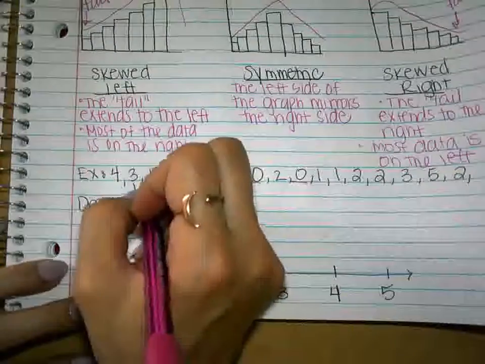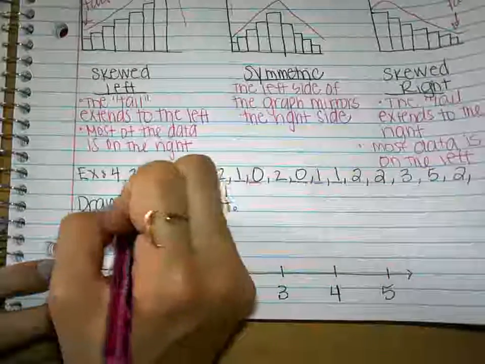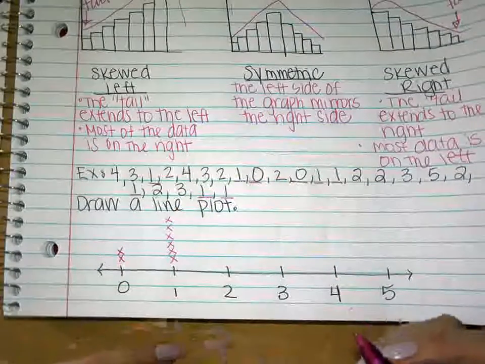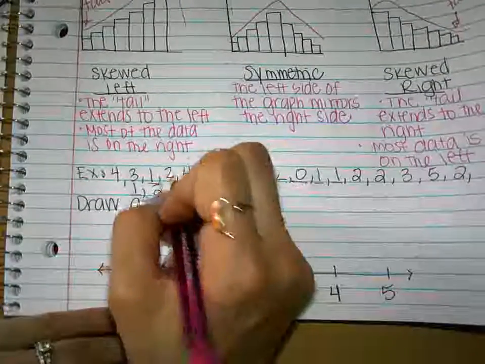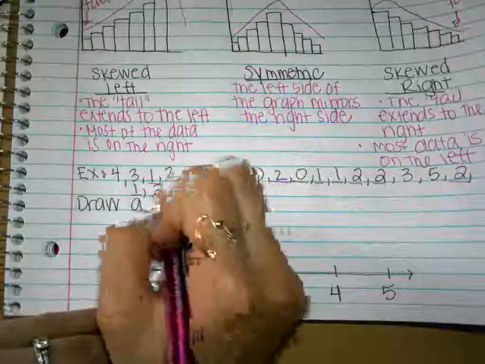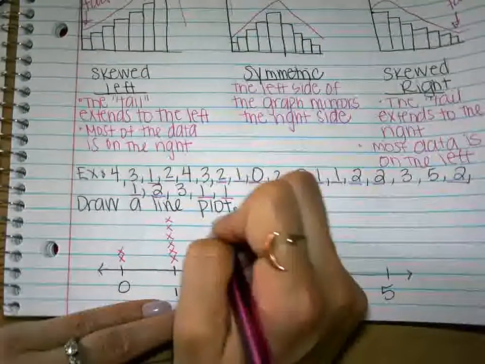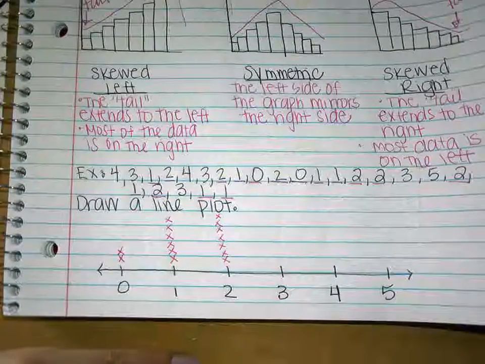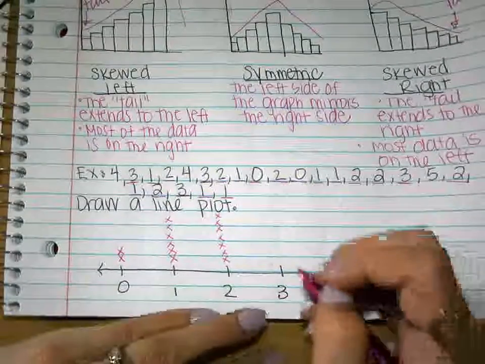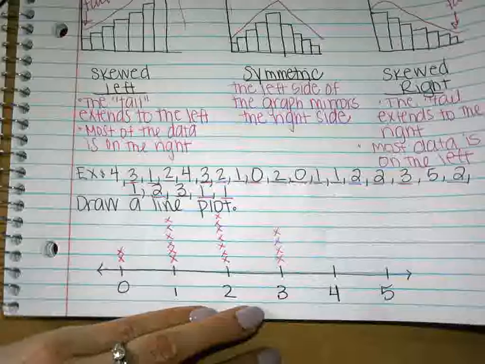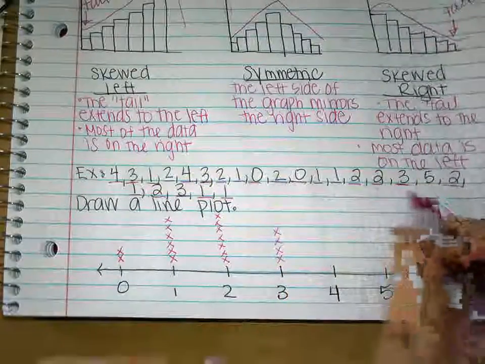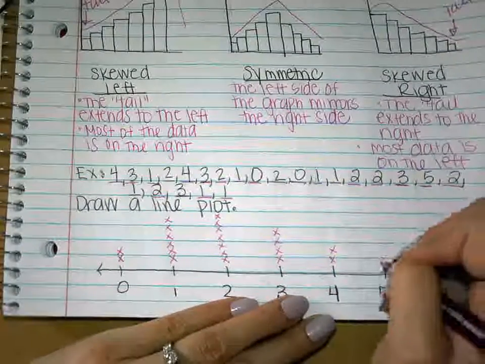I see 7 ones, 7 twos, 4 threes, 2 fours, and 1 five.